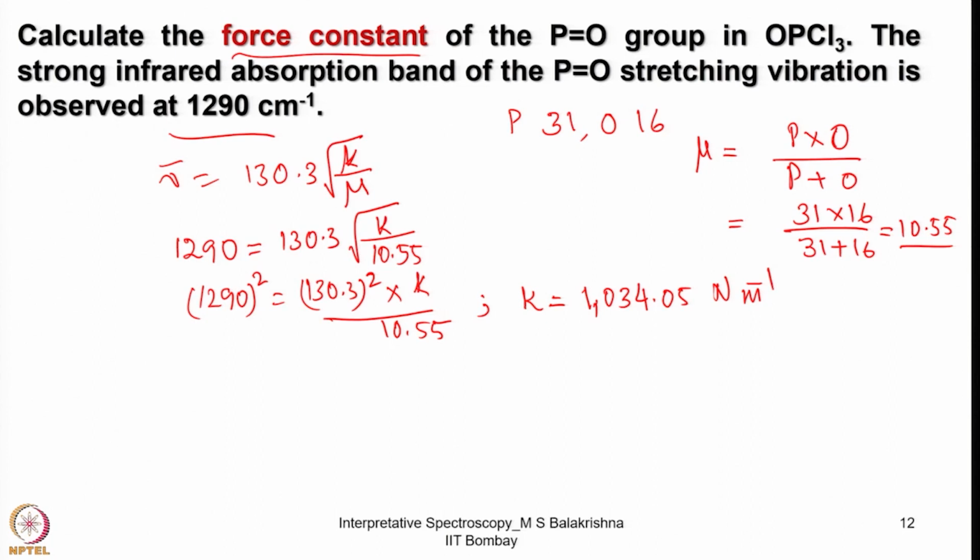Of course, one should also know 1 atomic mass unit equals 1.67377 into 10 raised to minus 27 kgs. We should use this if we want to use the next equation. We can do it from this equation also.